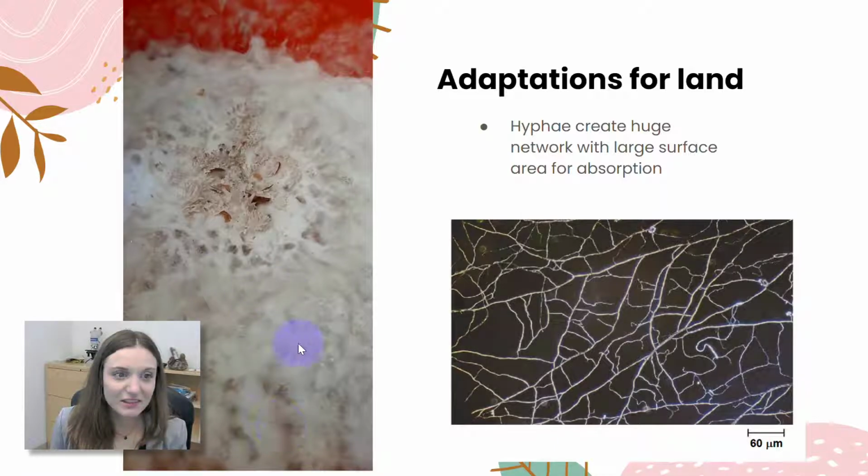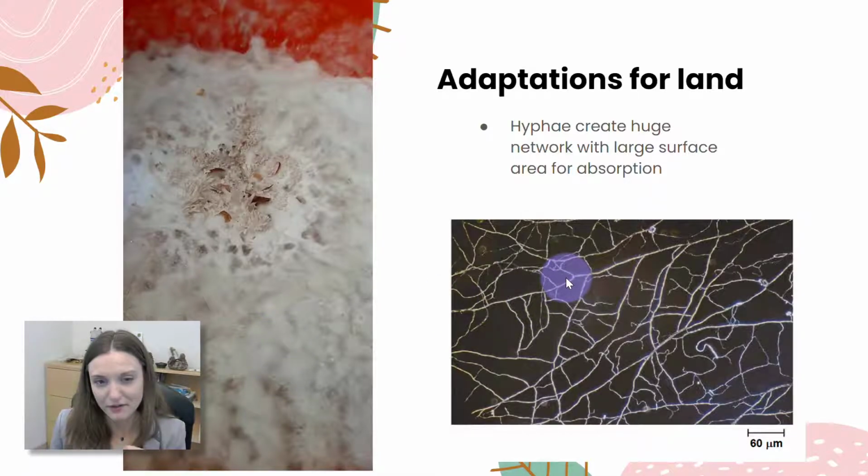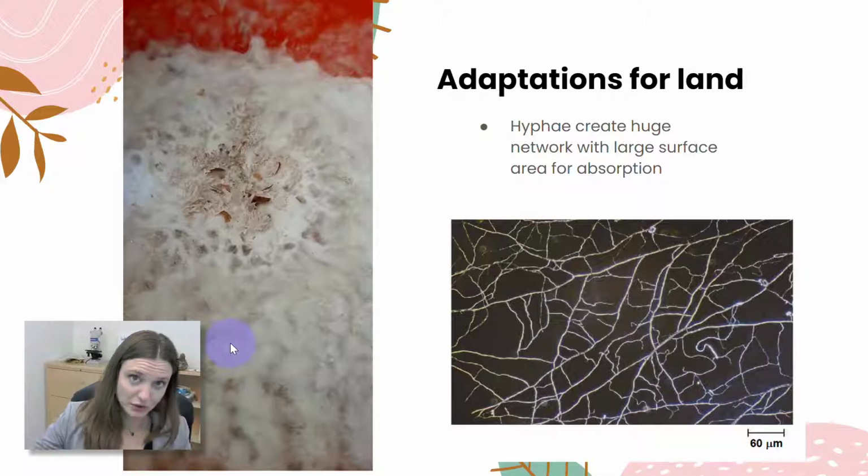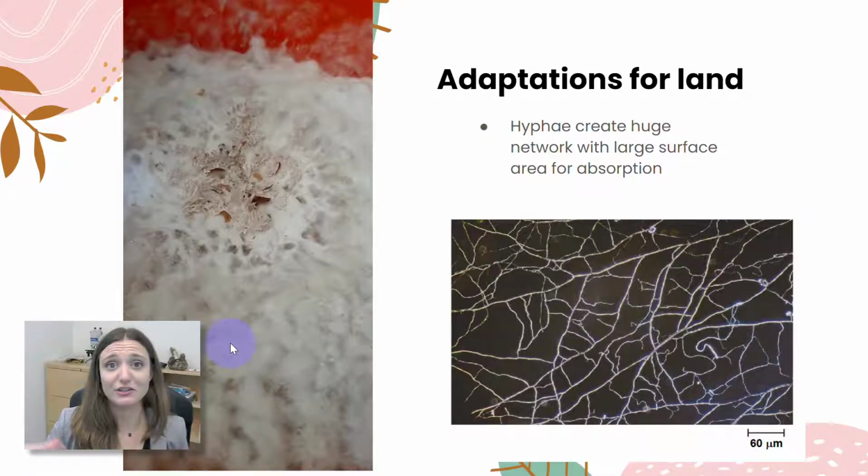So all this fluffy white stuff, that's all mycelium, which are tiny, tiny little threads of hyphae all together. So hyphae are the small threads, mycelium together is what we would call this. So the reason why this is important is because it creates a very large surface area for fungi to absorb materials, okay?